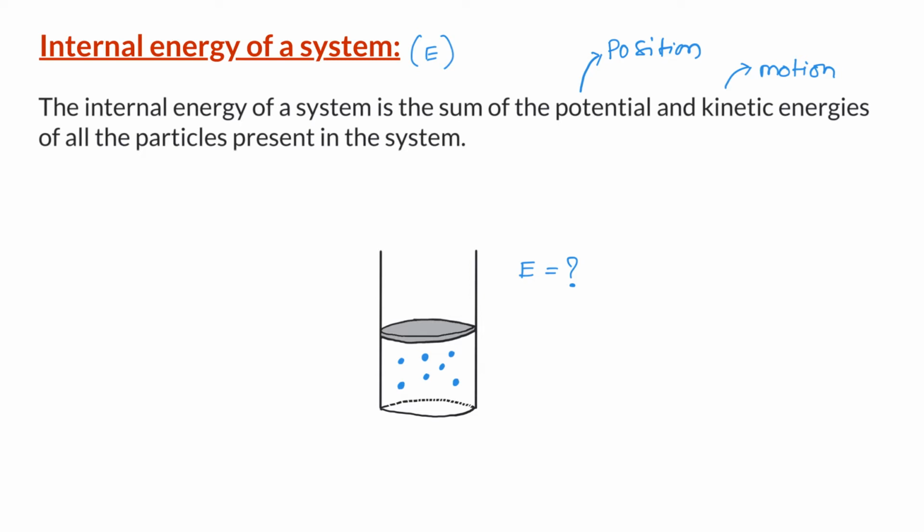So, we have to measure the kinetic and potential energy of all these particles and add them up to calculate the absolute value of internal energy.